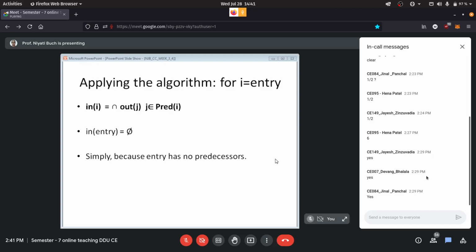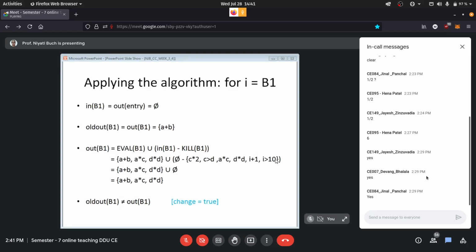In the set of I, when I is entry, it is the intersection of the outs of its predecessors. But because entry has no predecessor, this set will be an empty set. So in of entry is empty. Now taking the next block, when I equals B1, what do we have to do?